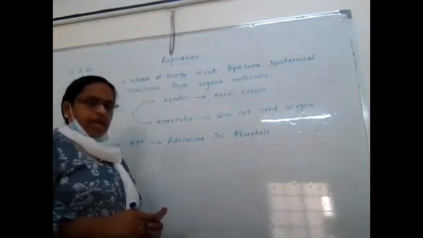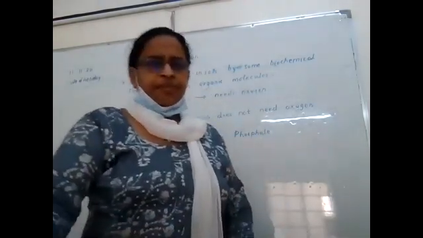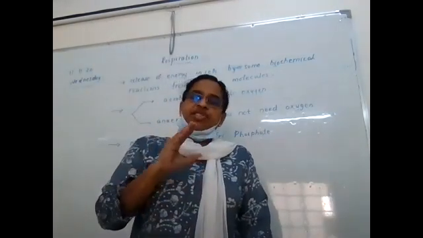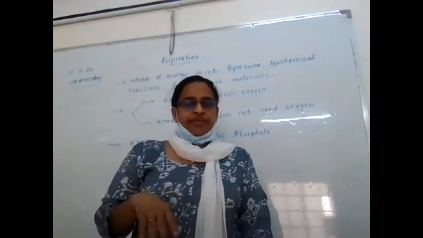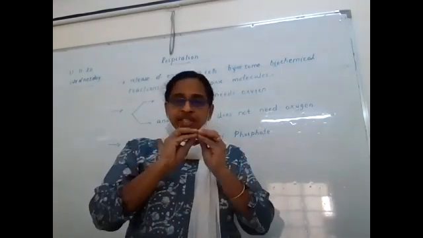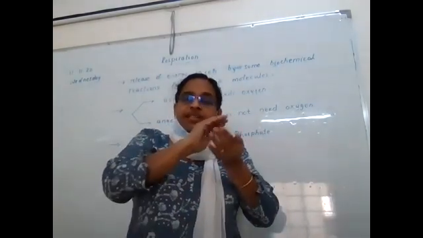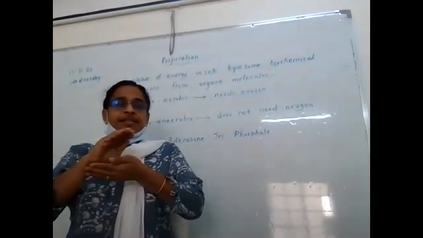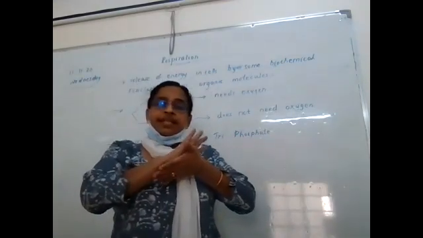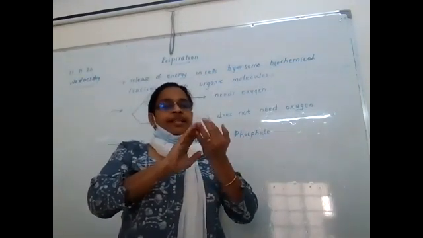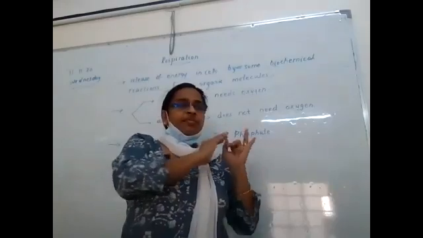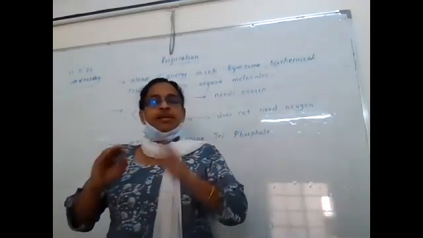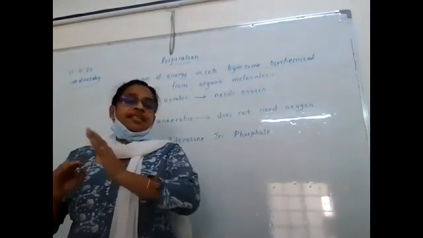What is the importance of this ATP? Actually, ATP is the best energy molecule that we can have. One thing, it's very small. It can easily fit into the cell. You know how small the cell is, and this molecule can get easily fitted inside. The second thing is it can be easily moved from one place to another by facilitated diffusion.